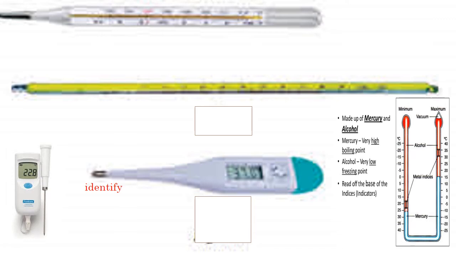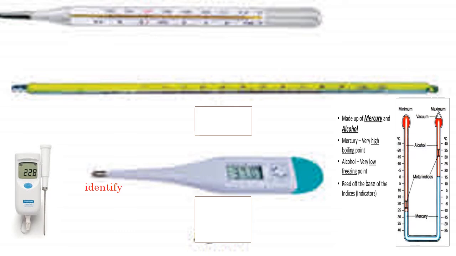So what you have to do is simply identify all these thermometers. What is the first one? It is the clinical thermometer. The second one? It is the laboratory thermometer. Identify the remaining.